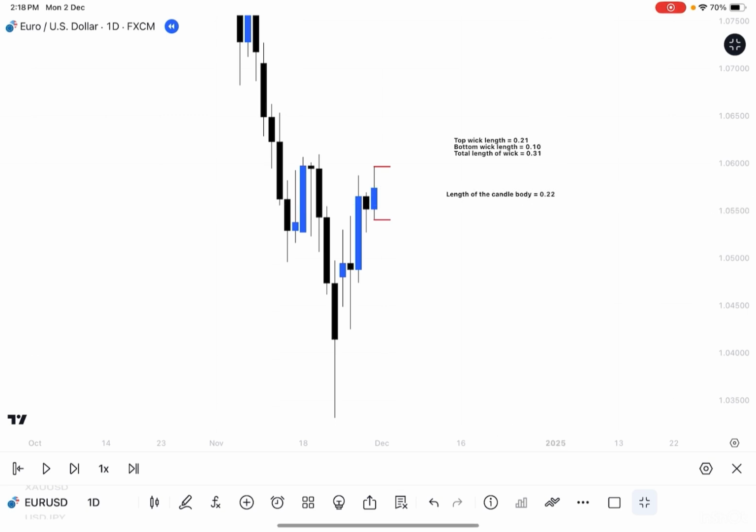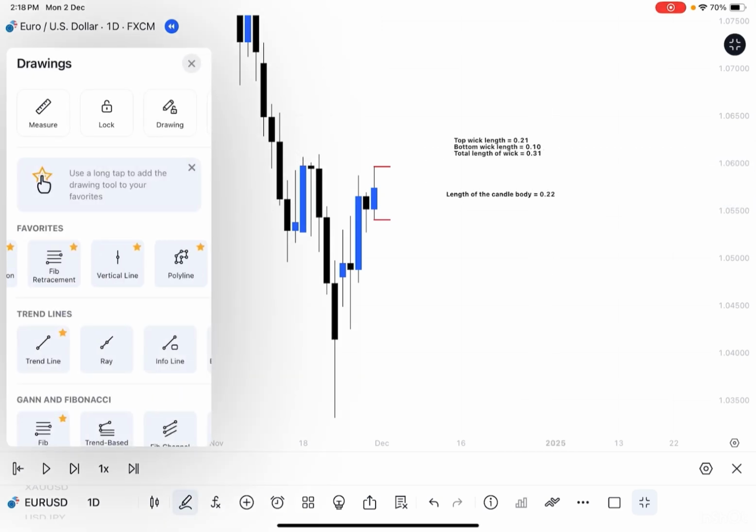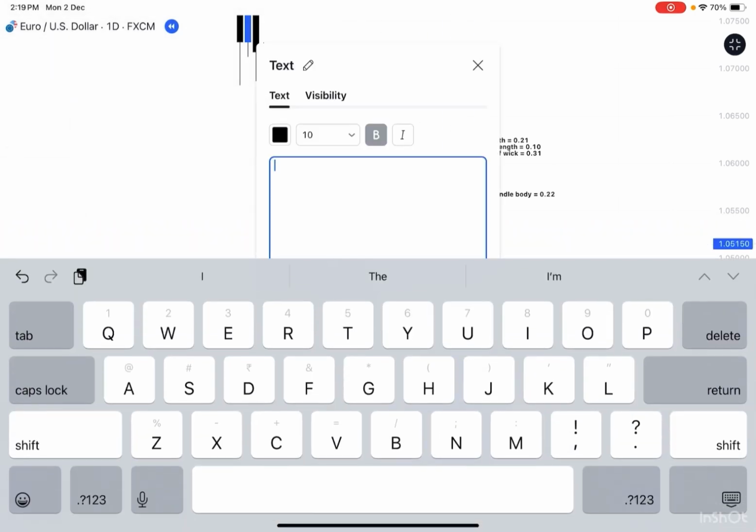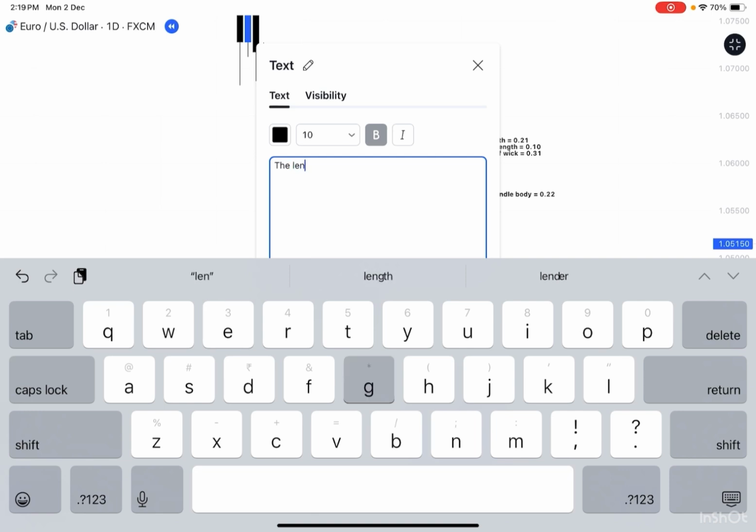So now which is greater? The length of the wick is greater than the length of the body. So again text, the length of the wick is greater than the length of the body.